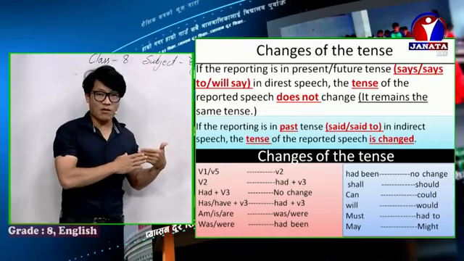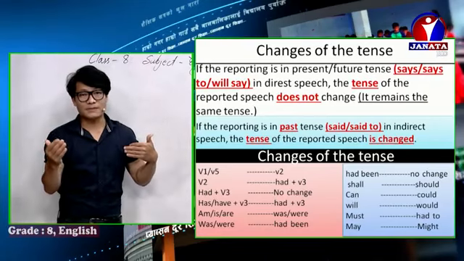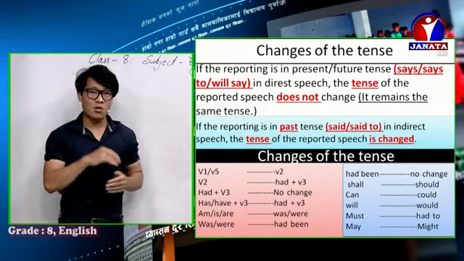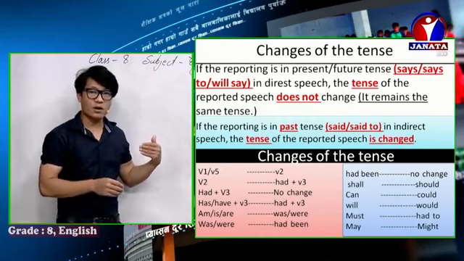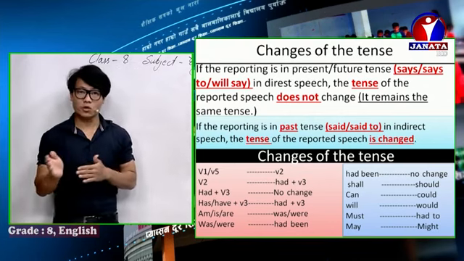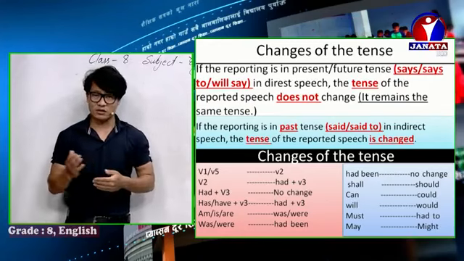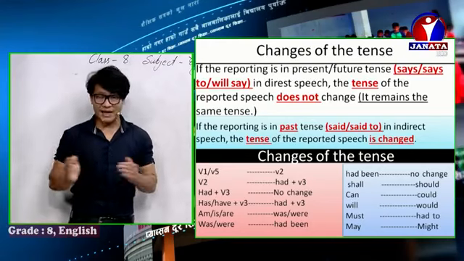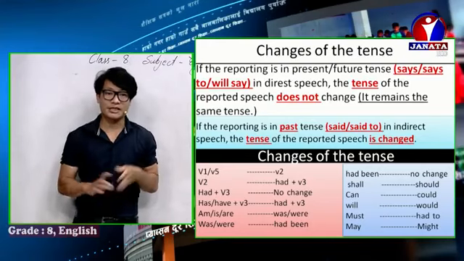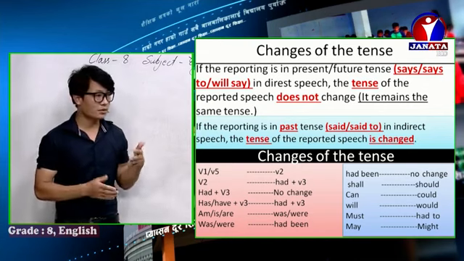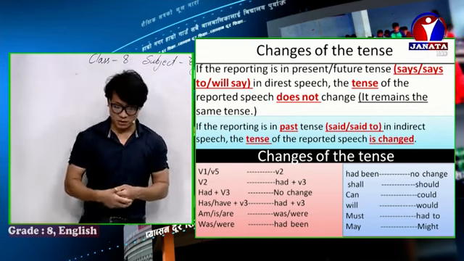The present perfect changes into past perfect, and past perfect, no change. Am, is, are, was, were, and was, were, had been, remember this. And had been, no change. Shall, should; can, could; will, would; must, had to; and may, might. These are the changes of the tense we learned last time, and today also I am showing you.